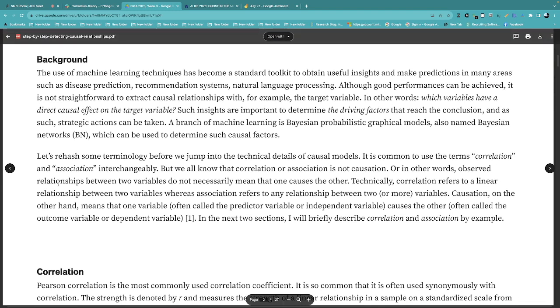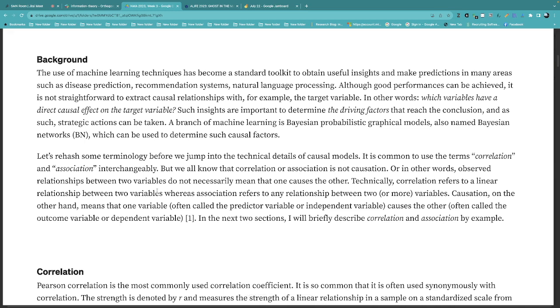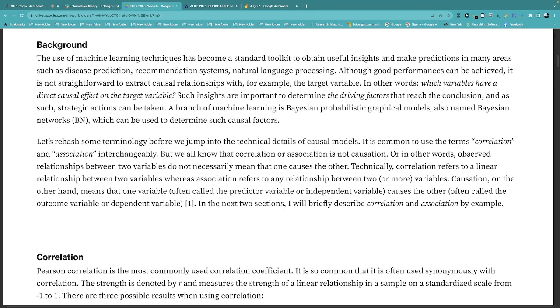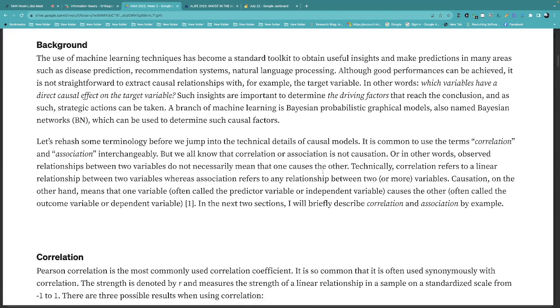He talks about correlation and association here, where those are kind of weak relationships, as opposed to causality, which is a strong relationship. So the observed relationship between two variables does not necessarily mean one causes the other.